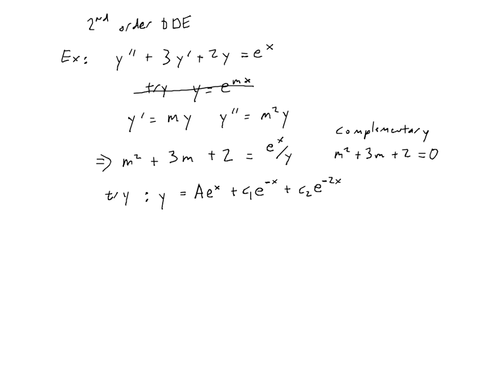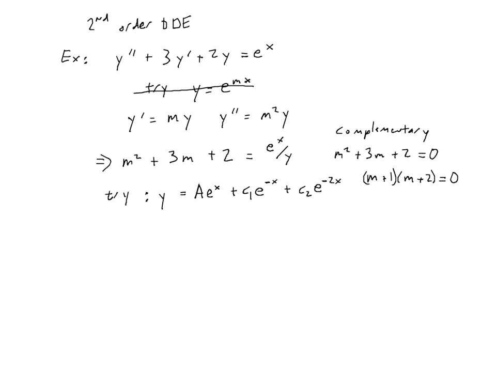And the reason why I got that was because, it's complicated, but from this complementary solution, we know that we can reduce that down to m plus 1 times m plus 2 is equal to 0, right? In which case, you get two solutions here. m is equal to minus 1, and m is equal to minus 2.